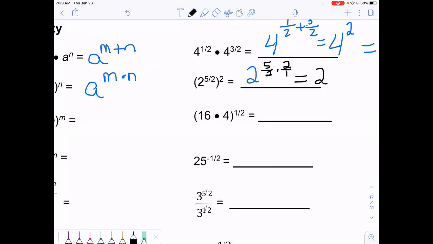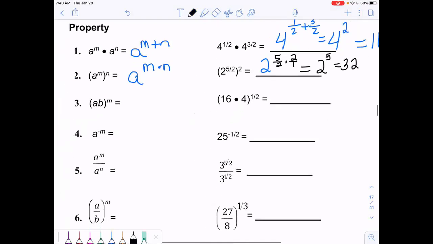What is 5 halves times 2? Jaden, you know what 5 halves times 2 is? It is 10 over 2, so that would be 5. There you go. 10 over 2 is 5. And then we have to do 2 to the 5th. Again, we can't leave it like 2 to the 5th. So if you have that common power sheet, use it, plug it in the calculator. 2 to the 5th, Jaden, is 32.